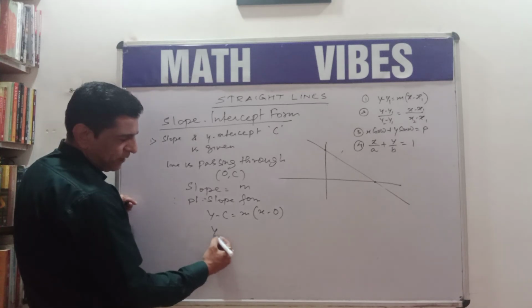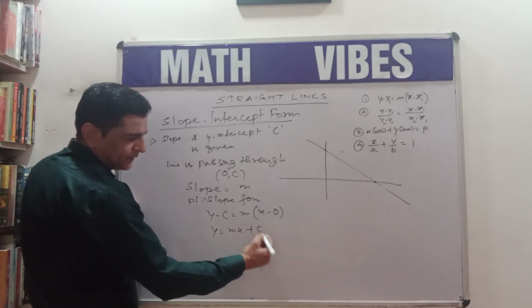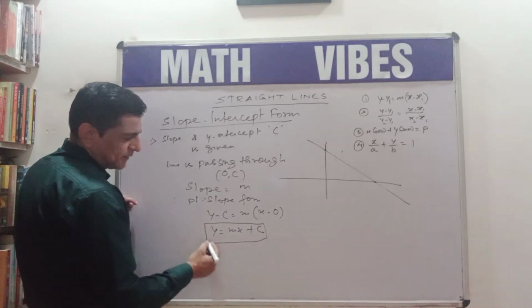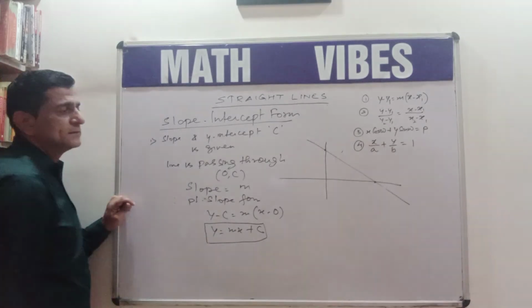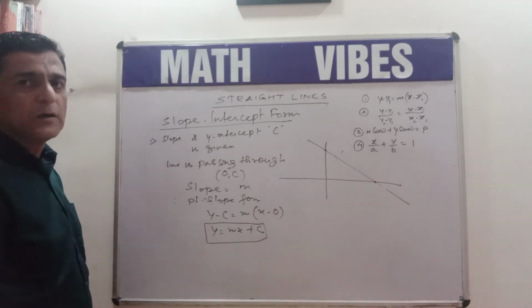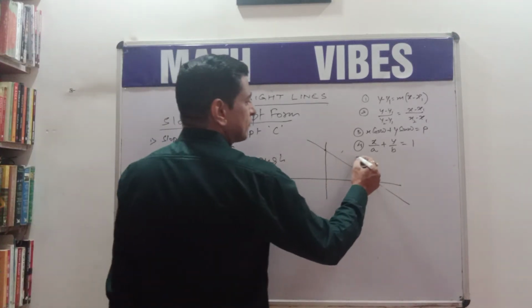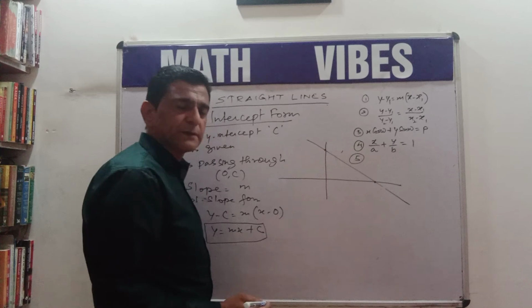So the equation of line will be y equals mx plus c. This is slope and this is y-intercept. This is the equation of line in slope-intercept form when y-intercept is given.